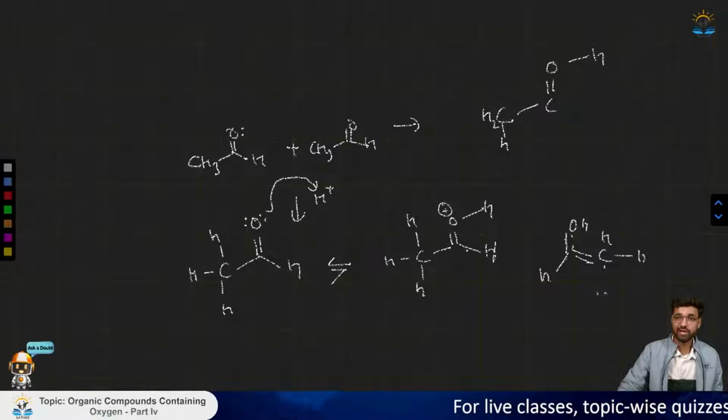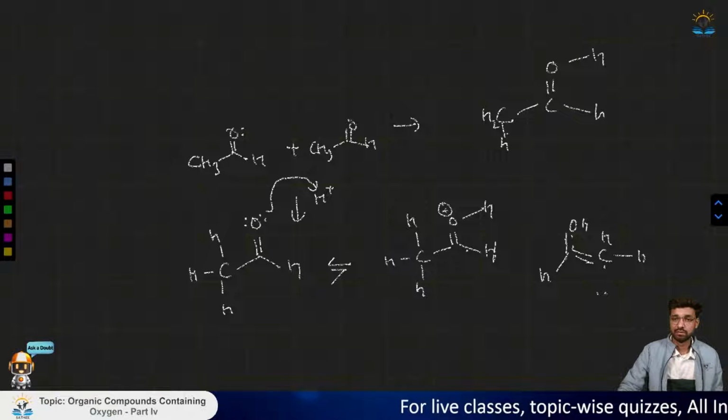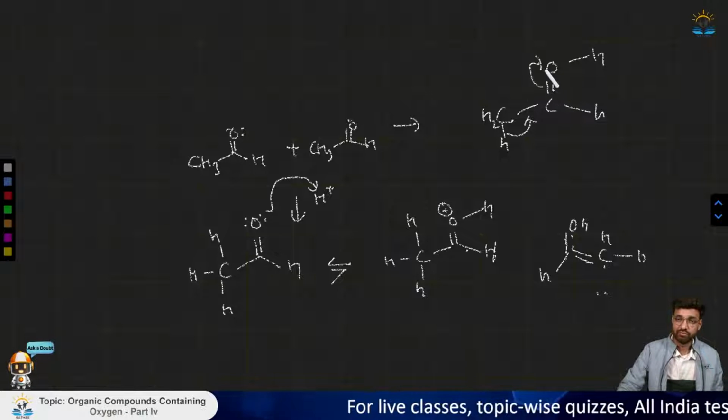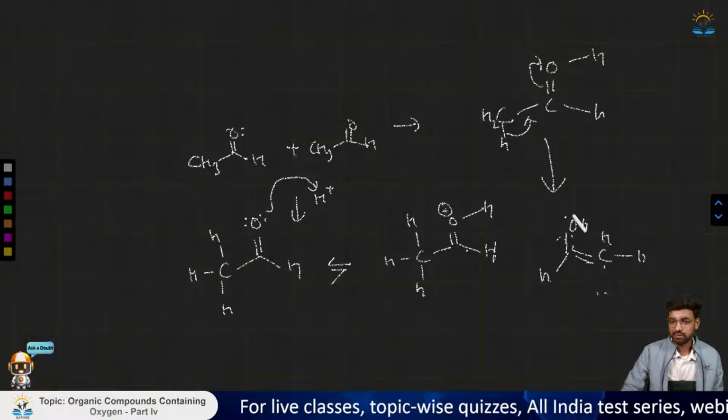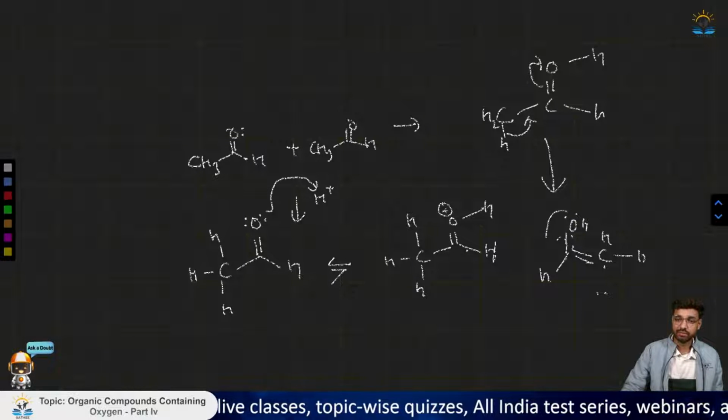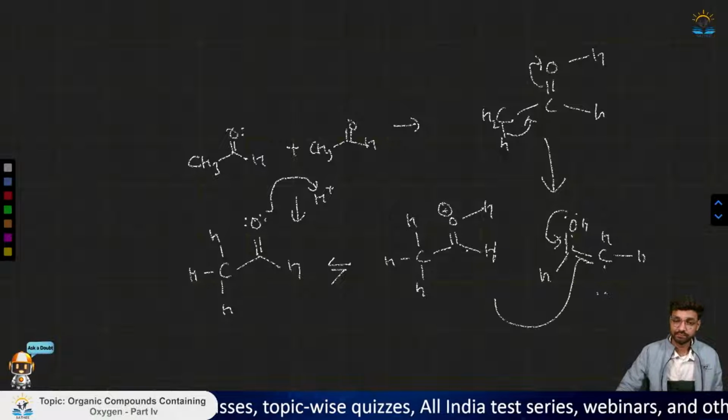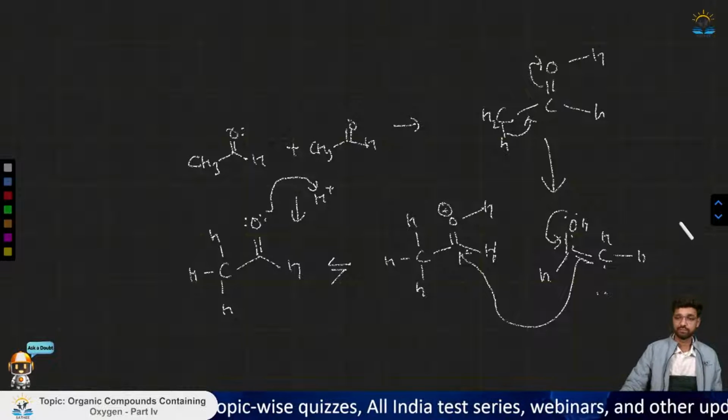First this will be protonated, and it will move here, and we will get this thing here. Now this enol form is not stable, so it will quickly attack at this point.